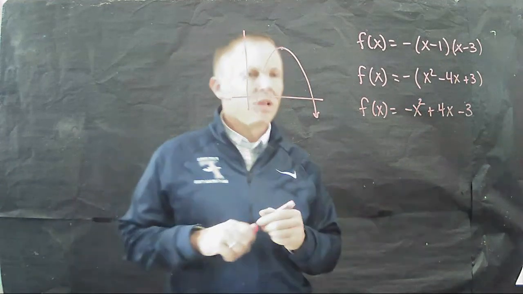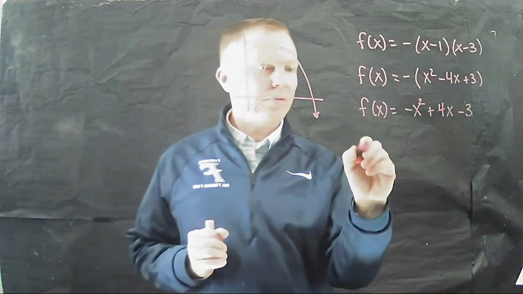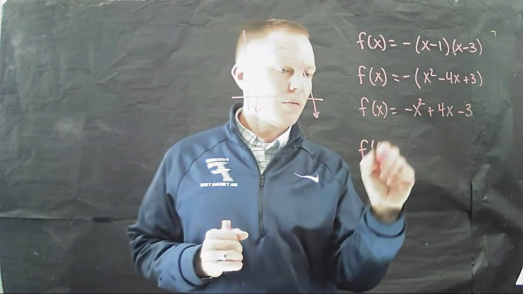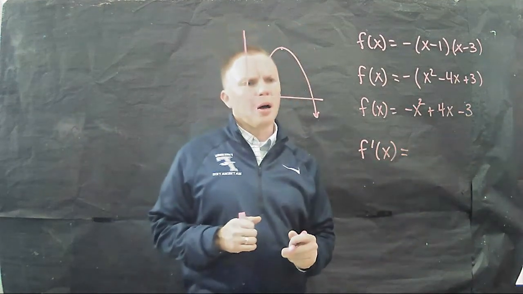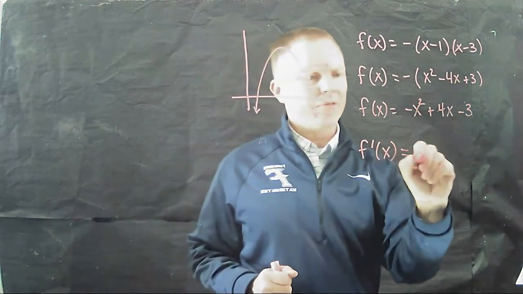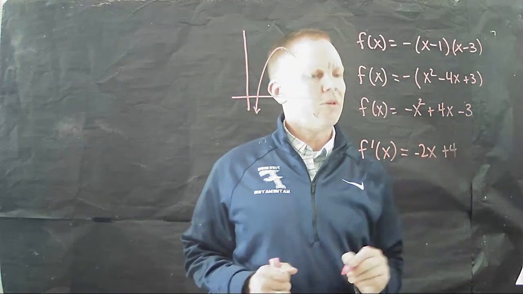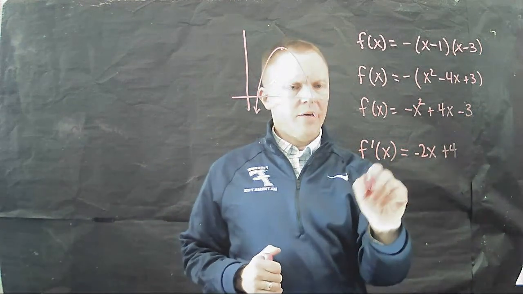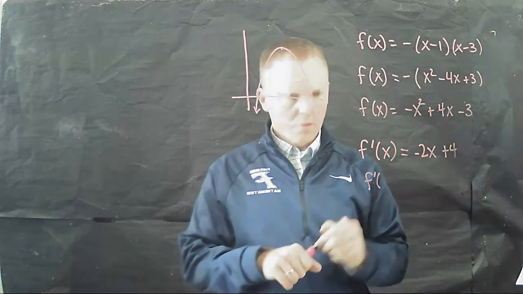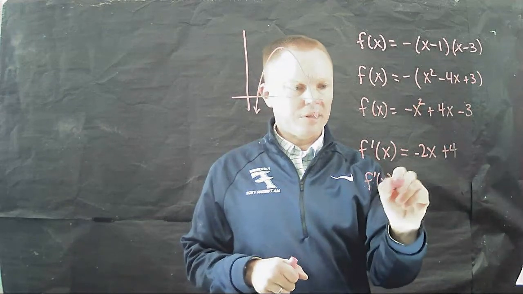All right, so now let's take the derivative. Let's find that critical value. Okay? So the derivative is going to be negative 2x plus 4, right? We're going to take that derivative and set it equal to 0.